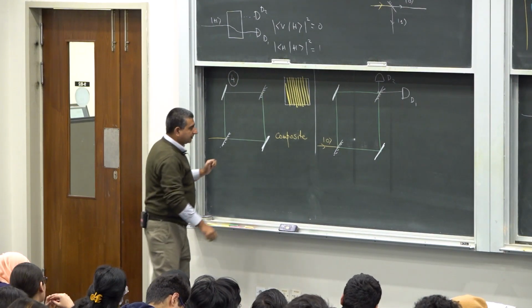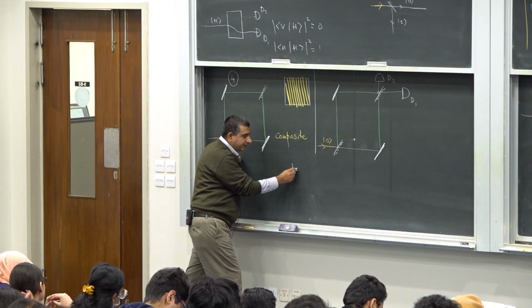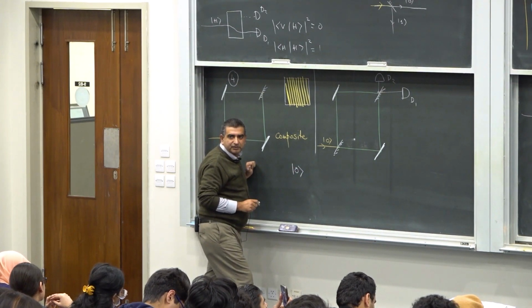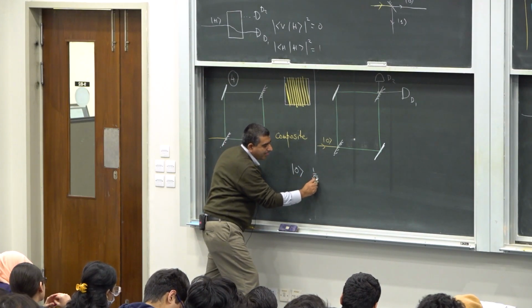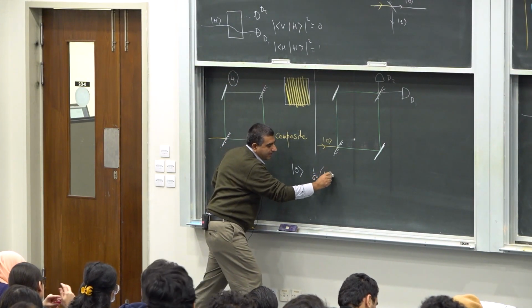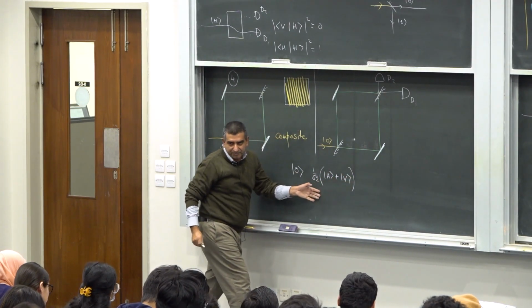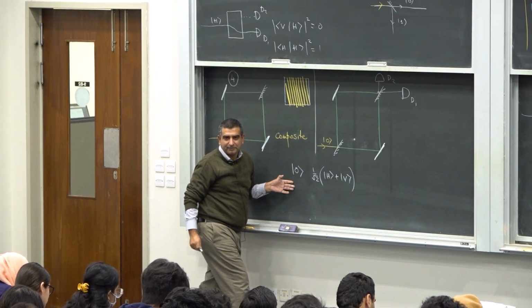So what state is it as far as path is concerned? Ket 0. What state is it as far as the polarization is concerned? Ket D, which I can also write out. So this is the polarization part, this is the path part.